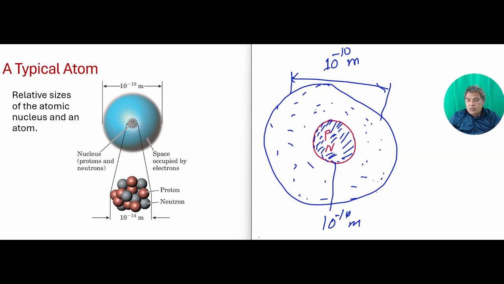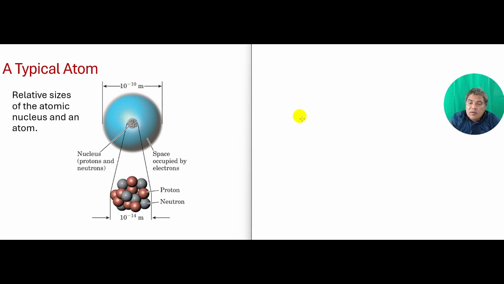Okay, so this is the typical atom. In the nucleus are the proton and neutron, and outside that you can find the electron cloud. So the size of the atom is about 10 to the power minus 10 meter, but the size of the nucleus is about 10 to the power minus 14 meter.